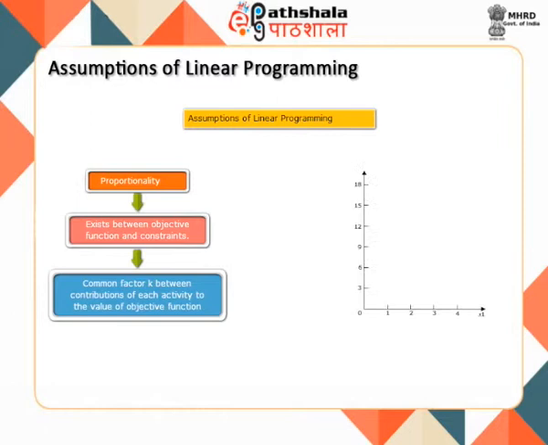For example, in this figure, the red line violates the proportionality assumption since the line is not straight or linear, whereas the blue line satisfies the proportionality assumption as the line is straight, or one can find the common factor between contributions of each activity to the value of the objective function at any level.